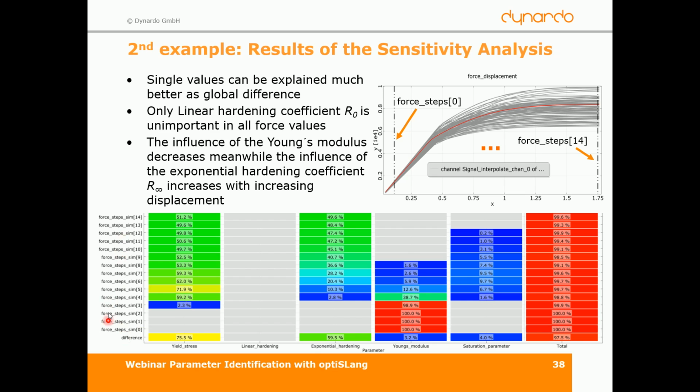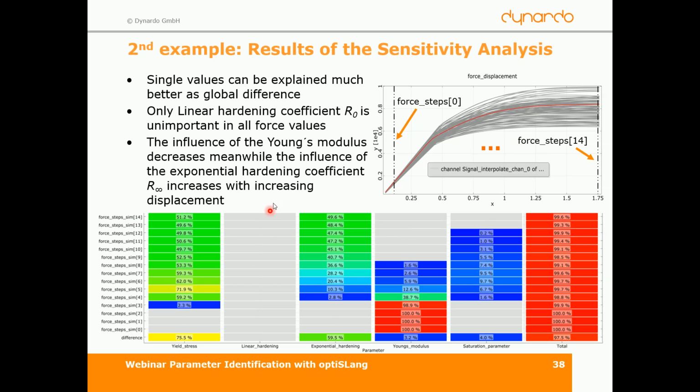This you see here, each of these components for this force step, and you see also the response differences. And what you can see here, the single values of the force steps can be explained much better than the global difference, because here you have one meta model of the whole range from lower to upper bounds, and here you have one meta model on some discrete point.